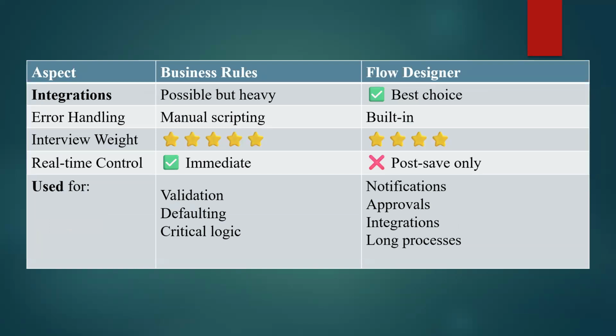From an integration point of view, business rules are possible, but can be complex and risky. Flow designer is the best choice for integrations because it is a clean and manageable option. Error handling. In business rules, errors must be handled manually in code.